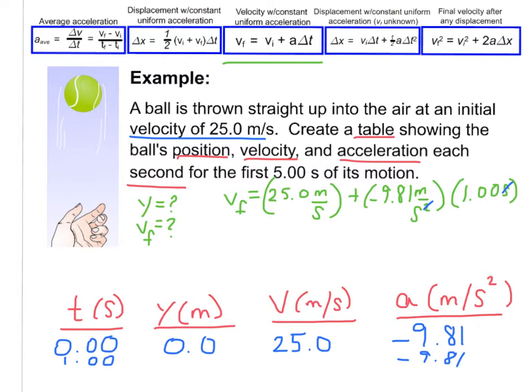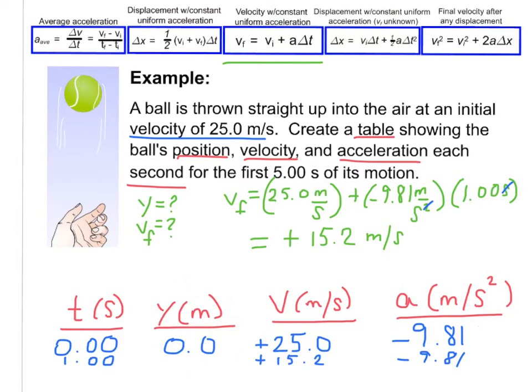And when I add those together, I get plus 15.2 meters per second. So I could write that in my table, plus 15.2.